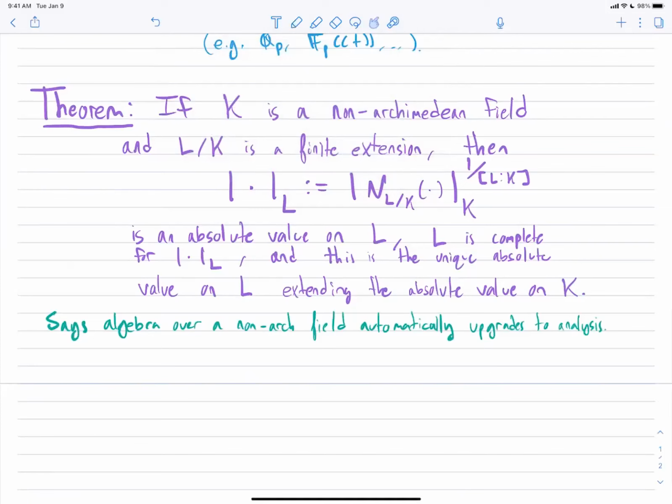In a sense, you start with something defined algebraically, a finite extension, but you have an automatic way to equip that finite extension with an absolute value. The absolute value is what you do analysis with on K, and so that extends uniquely to an absolute value on L.